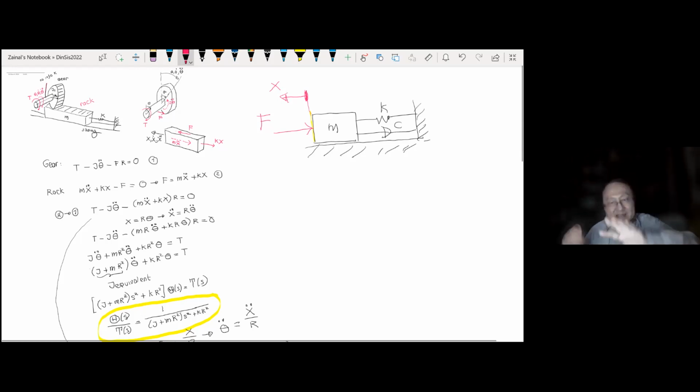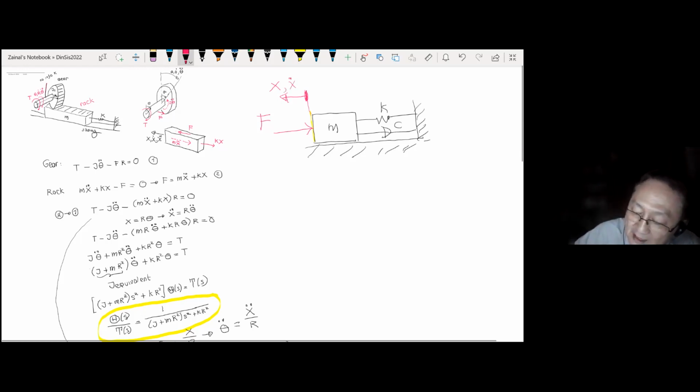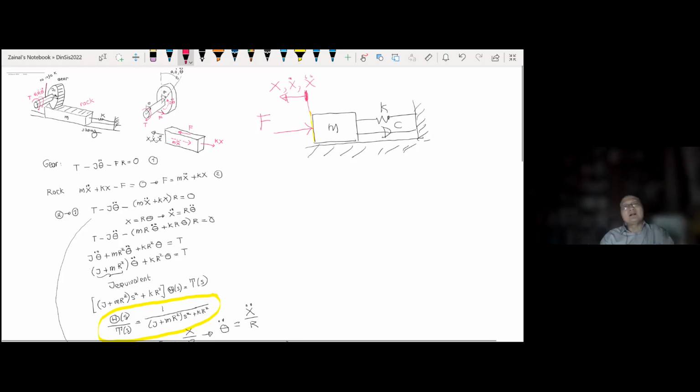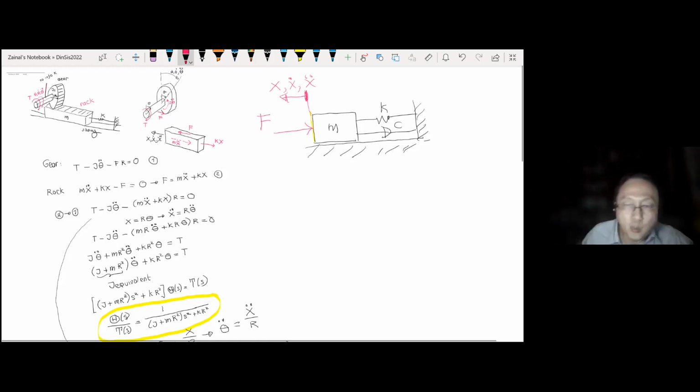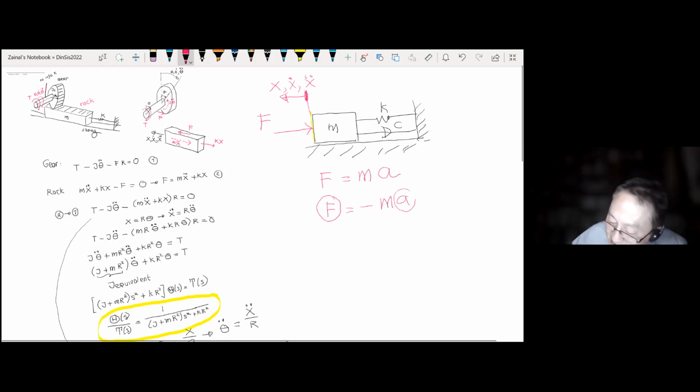If x is to the left, then x dot is positive to the left and x double dot is positive to the left. Is it possible? It's not possible. Why is it not possible? Because F is equal to m multiplied by a. If you do something like this, then you have a new rule: F is equal to minus ma, because F and acceleration are in opposite directions. So you cannot use that one.